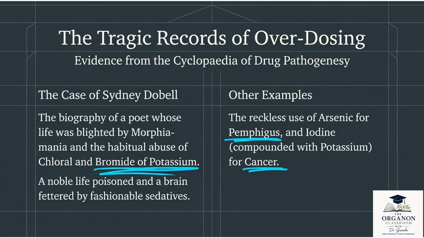Okay, अभी एक दूसरा example है iodine का, often combined with potassium iodide, which was extensively used for cancer and other chronic diseases. Physicians of that era frequently prescribed these drugs in large quantities, believing that stronger doses produce stronger effects. Unfortunately, many patients suffered from iodine poisoning, digestive disturbances, weight loss, glandular damage, and other adverse effects.